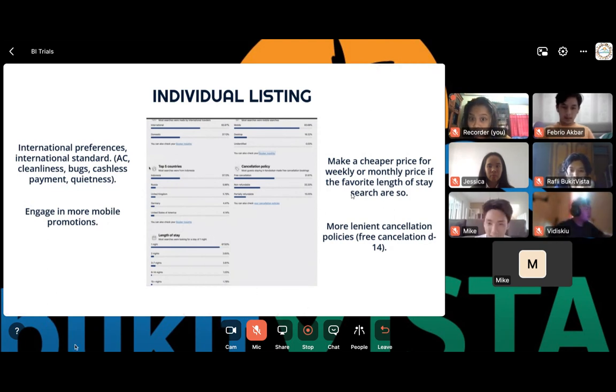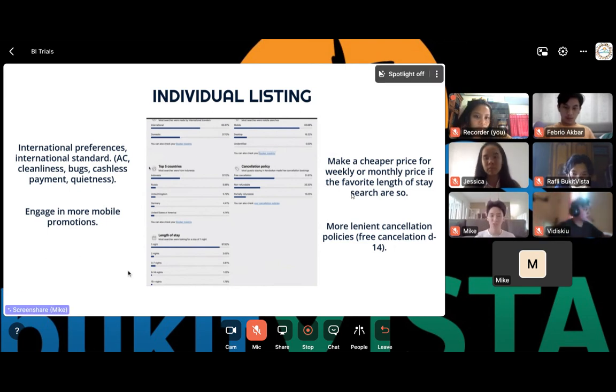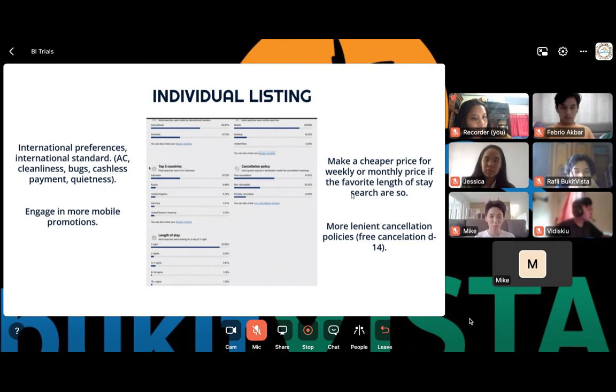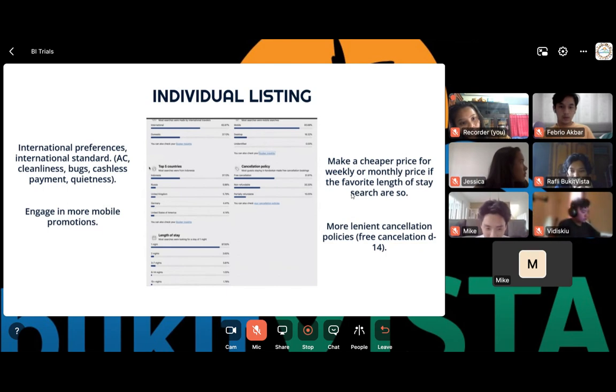And another thing is that 80% of the searches were using mobile. So we should engage more in the mobile device promotions that exist in Booking.com and give quite a number of discounts. We also noticed that the length of stay is mostly only one night.